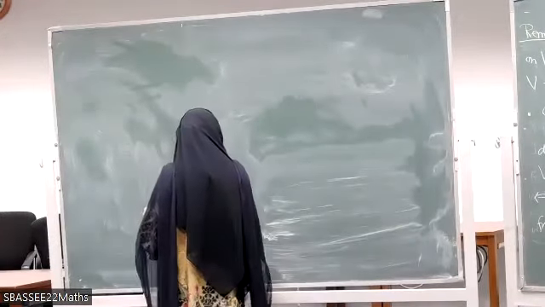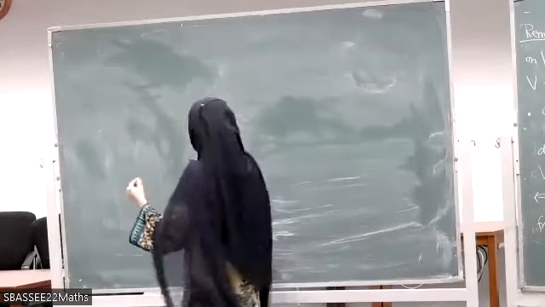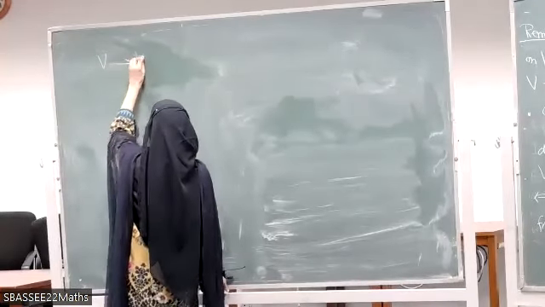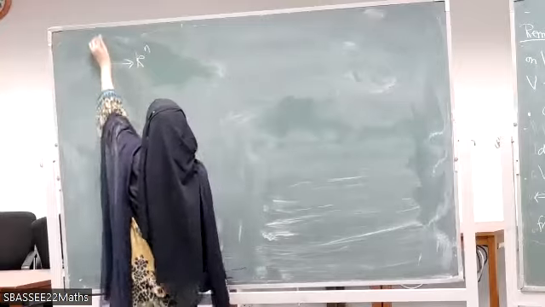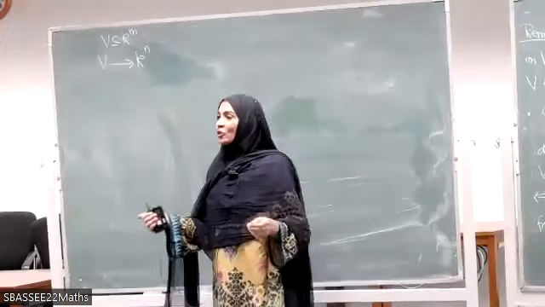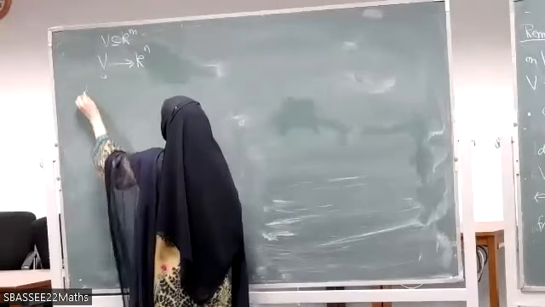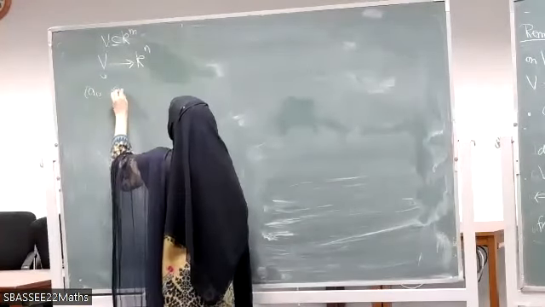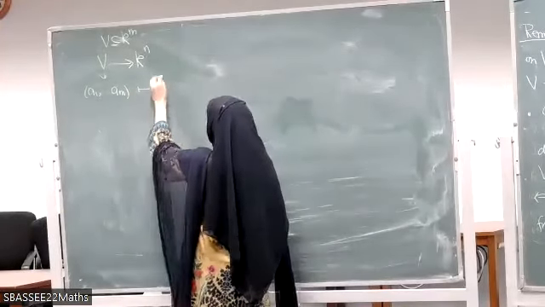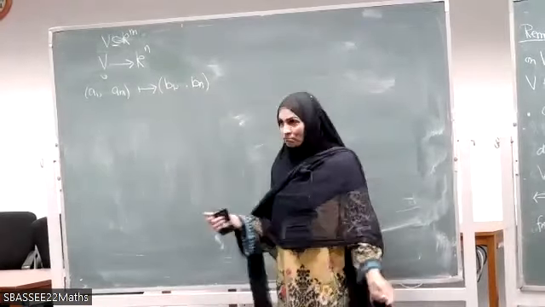Okay, so let me give you a very general example of how you will describe your map. Let's say that V is in K^m. When you are saying that you need to define a map from V to K^n, this means that you have M coordinates here, and you want to have N coordinates there.